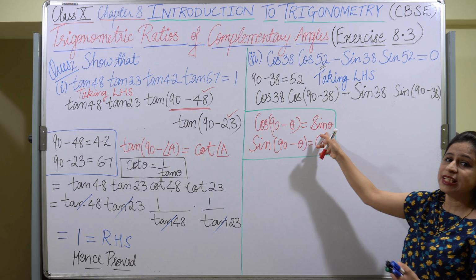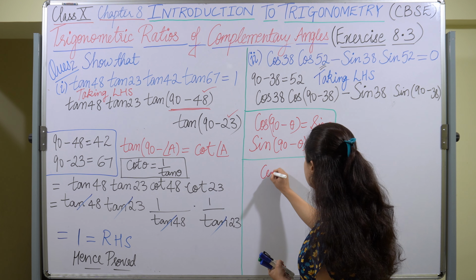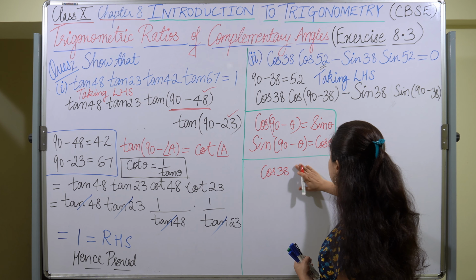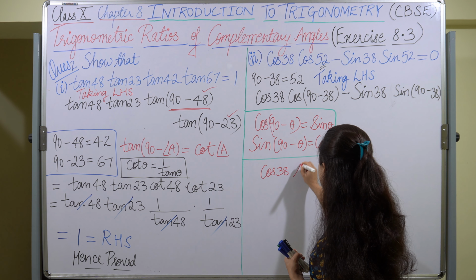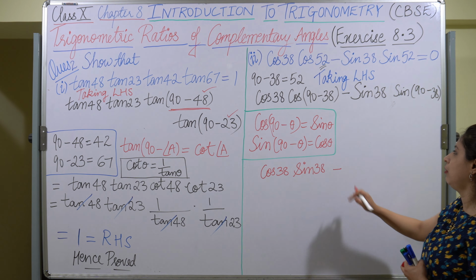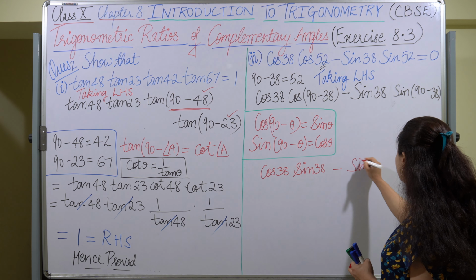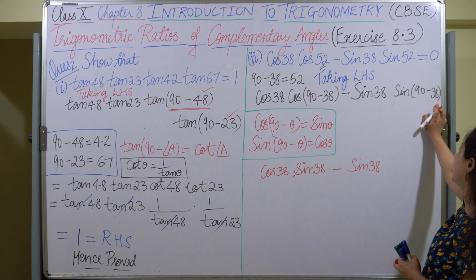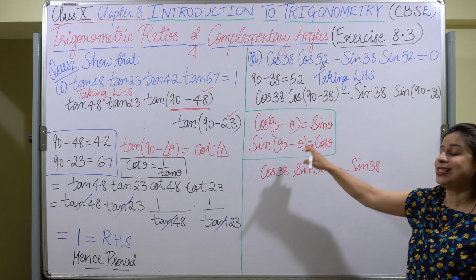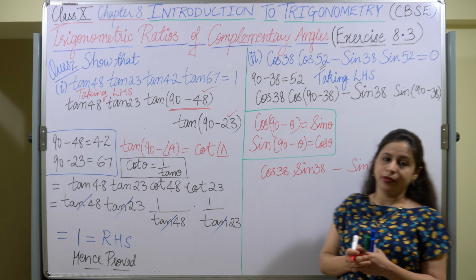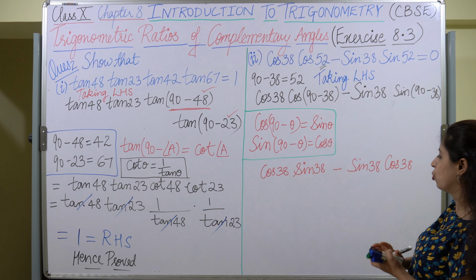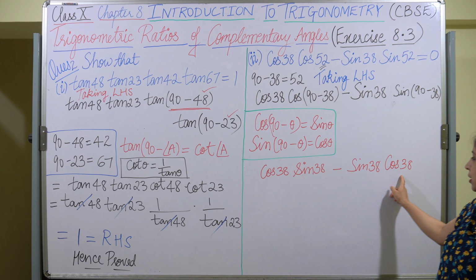So cos 38 is written as it is, then cos 90 minus 38 is replaced by sin 38, minus sign, then sin 38, and sin 90 minus 38 is replaced by cos 38. Here theta is 38 degrees, so it will be cos 38.